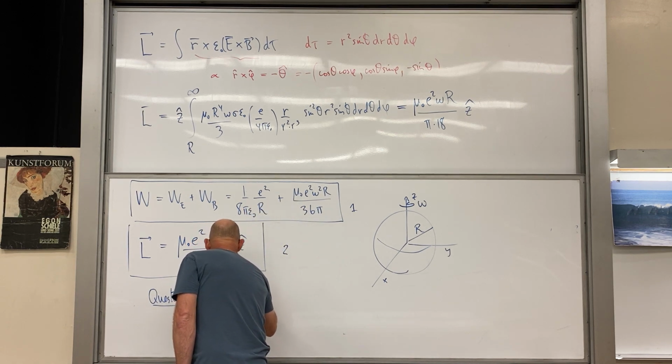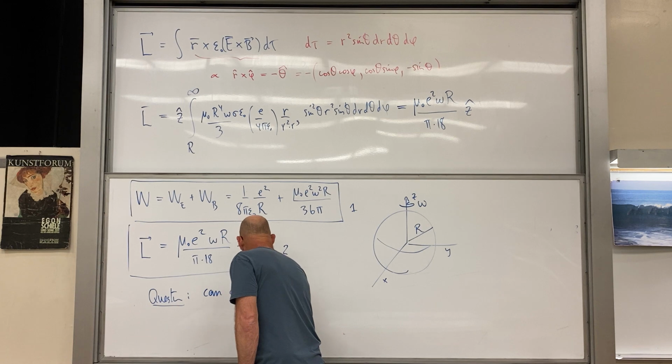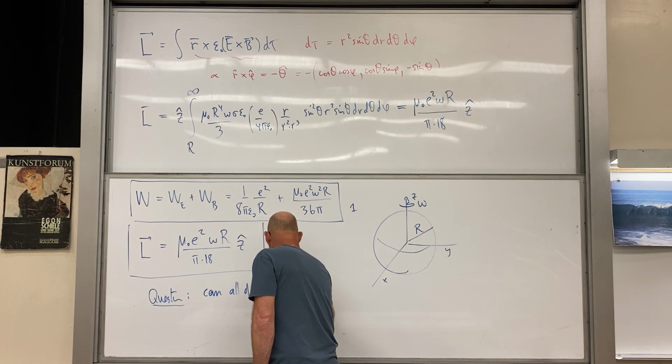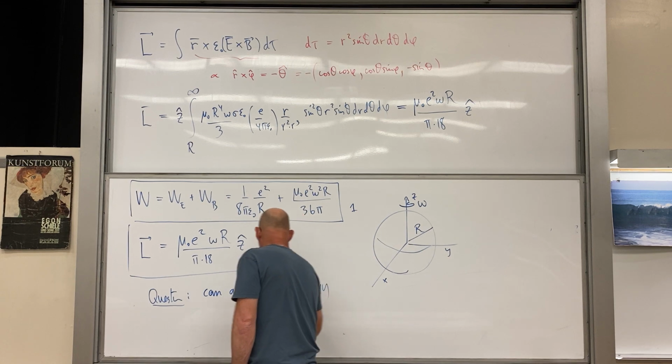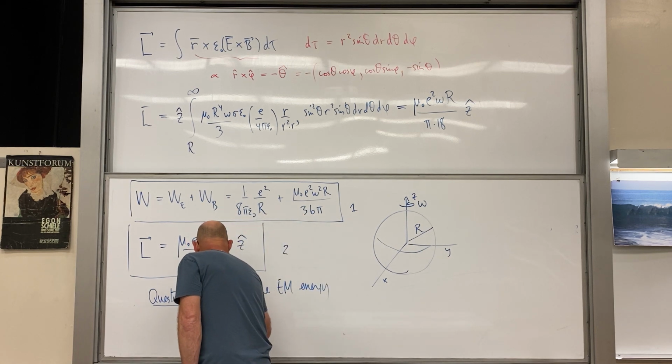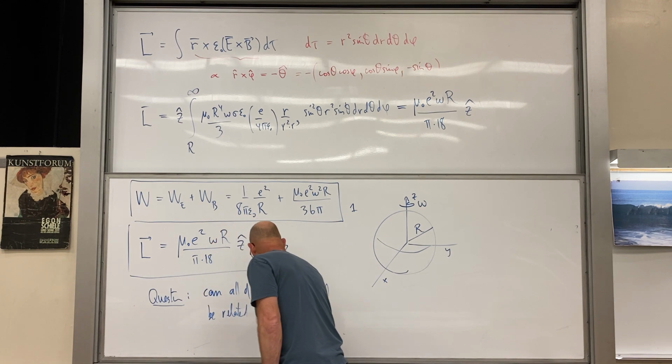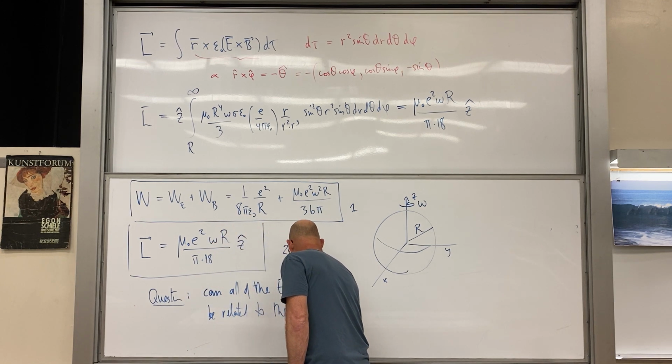Can all of the electromagnetic energy be related to the relativistic formula?